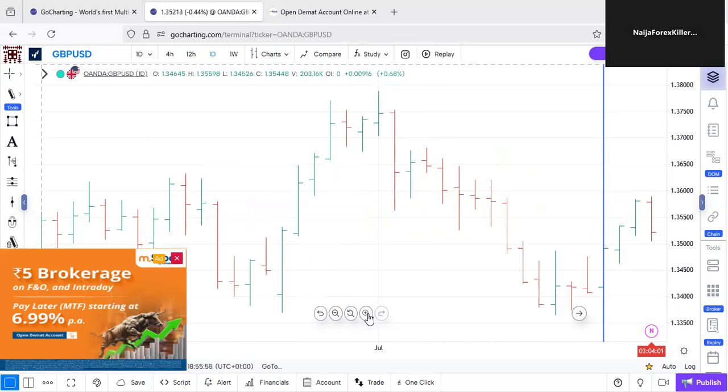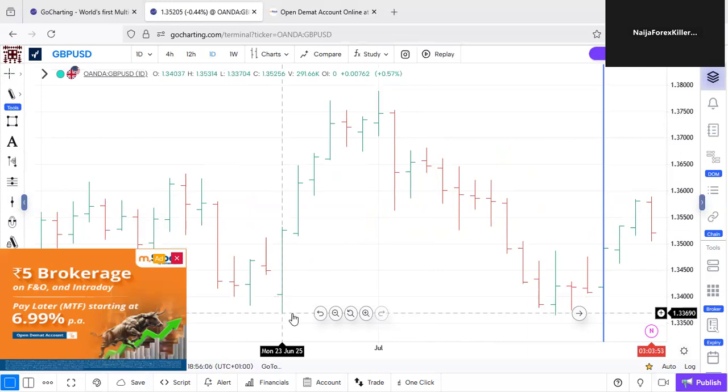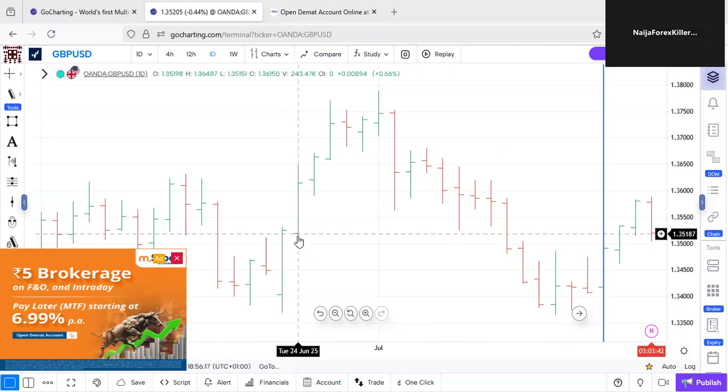Let me show you something. You see here, this is where the market started and went down and came up. And this place is where the market closed. Another one opened here, went down a bit and went up and still came back here and closed.